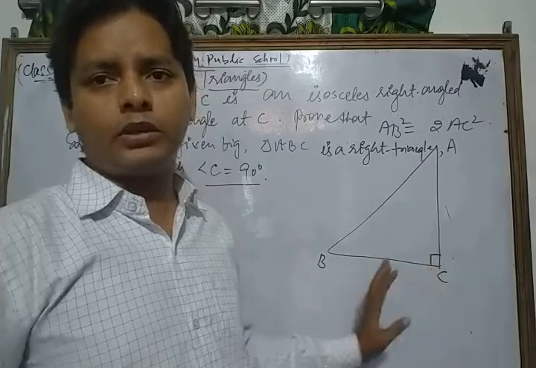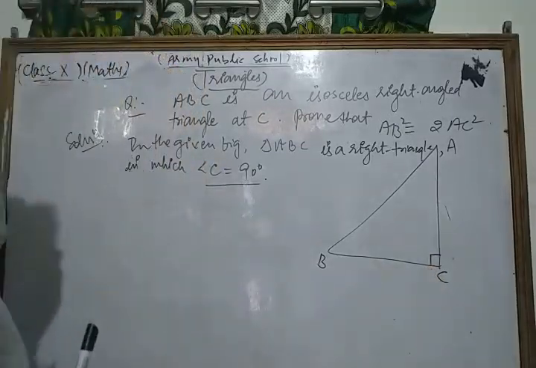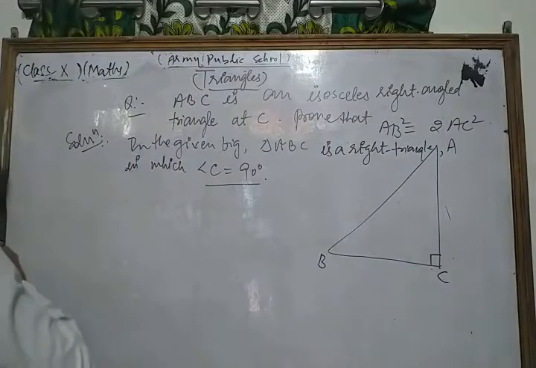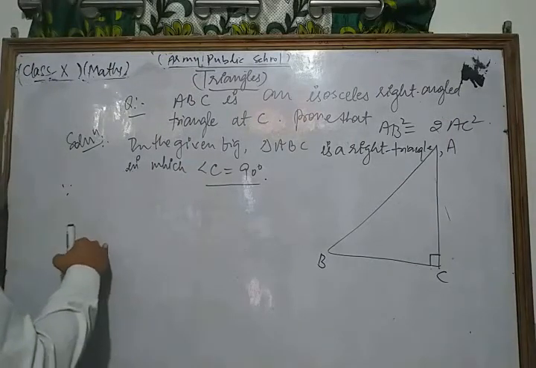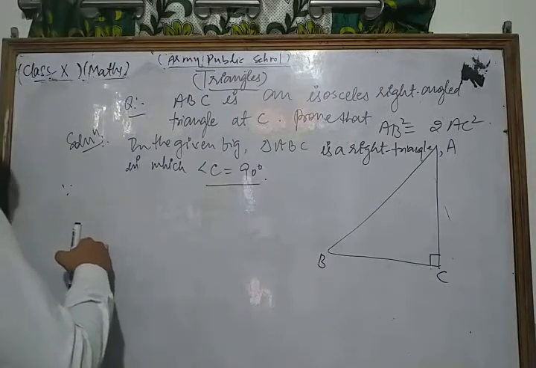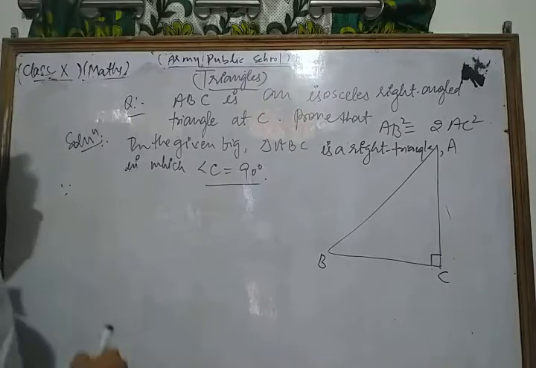This is a very important concept. Now, since ABC is isosceles, BC is equal to AC.